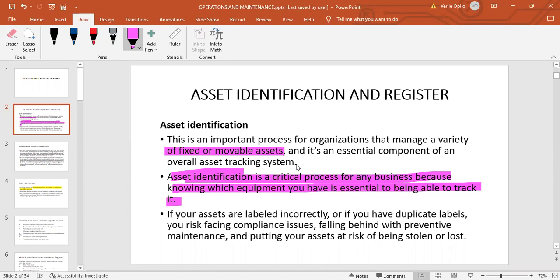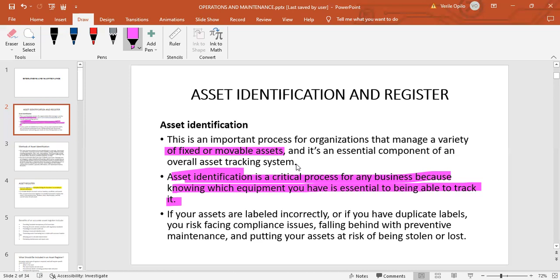Machinery, you should label your machinery. The same way, you should label your equipment, all types of equipment, whether small or large. They should be identifiable from anywhere. When someone sees this, they know that this one belongs to this particular company.